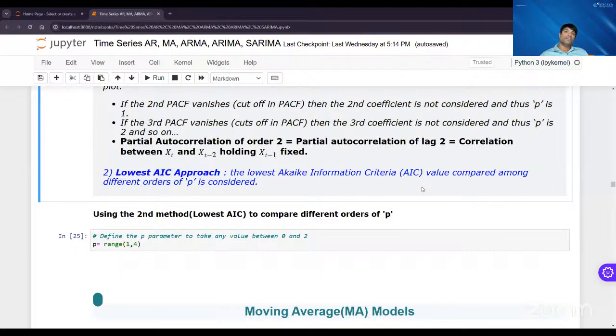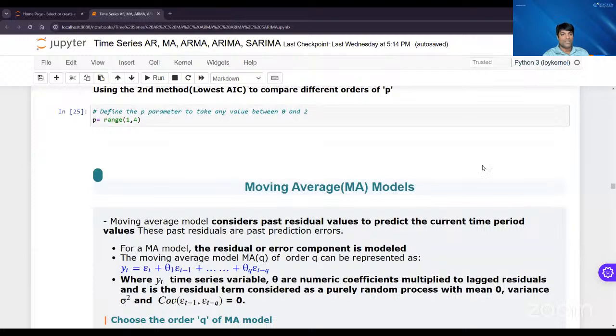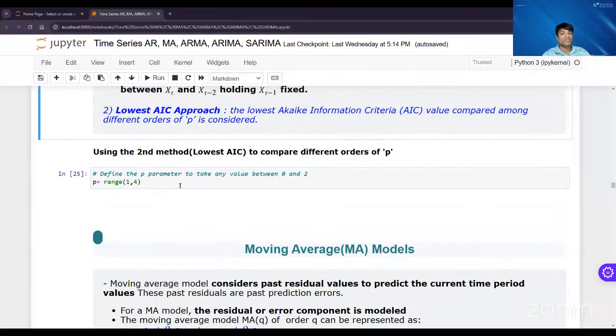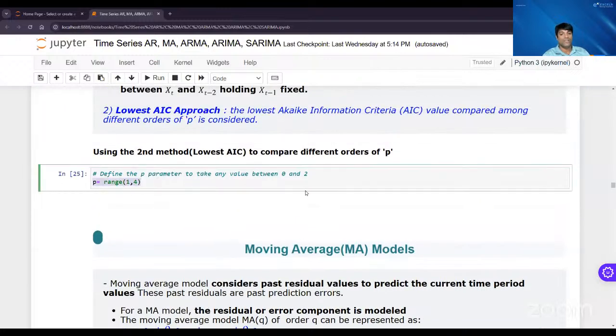It will try to evaluate that yes, this is the correct p-value where the model has actually cut it off. So this is what we are going to do. Now let us go to the model building. We are defining the p-values from 1 to 4 for the time being.